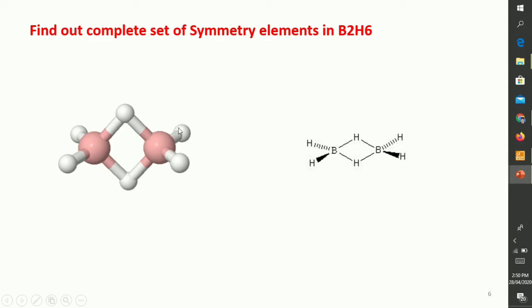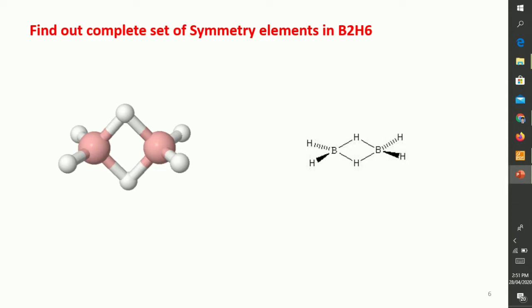Like here you can find a hydrogen, while on the other side, in the opposite direction, you need to find the same atom. So there is an inversion center in all aspects you can study. If you move this way, there is a boron, and there is another boron on the opposite side. If you move upward, there is a hydrogen, and in the opposite downward direction there is again a hydrogen. So there is an inversion center in this diborane.